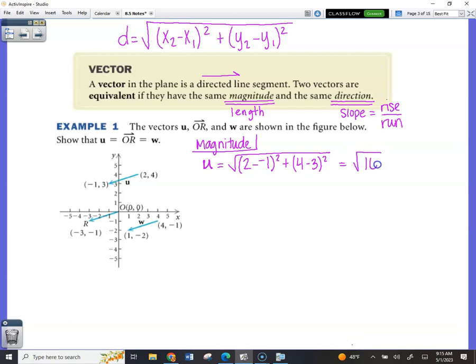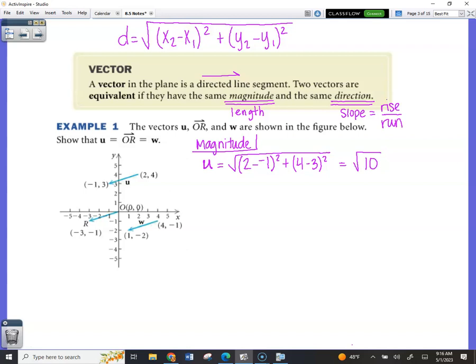So the part under the radicand is a 10. You do need to write the square root because it was there. And then now we're going to repeat this process with OR and with w, and we're going to confirm if we come to square root 10. Okay?